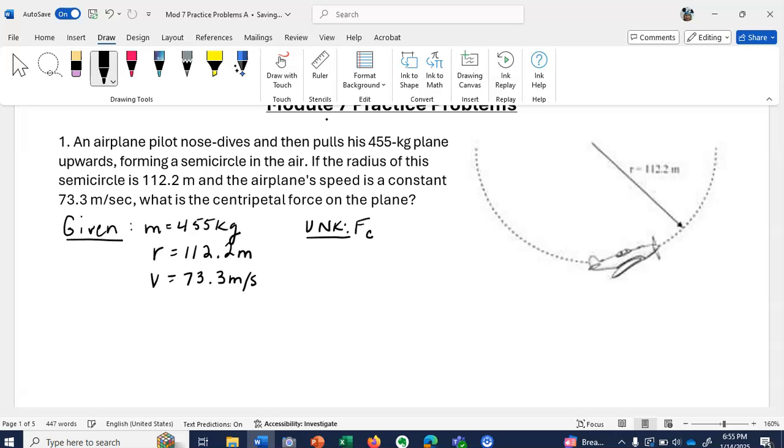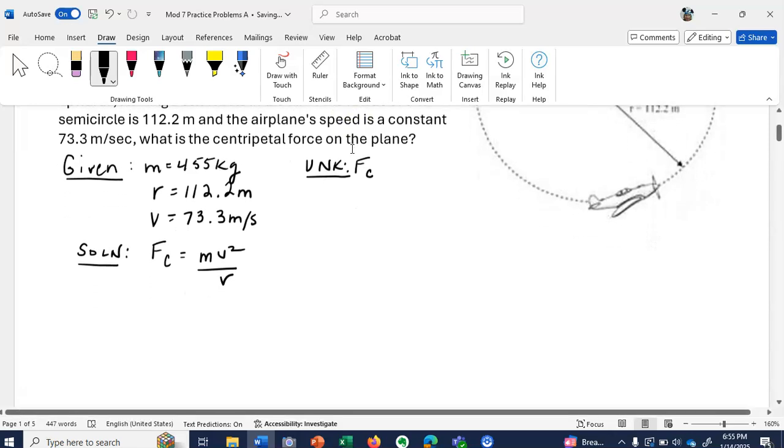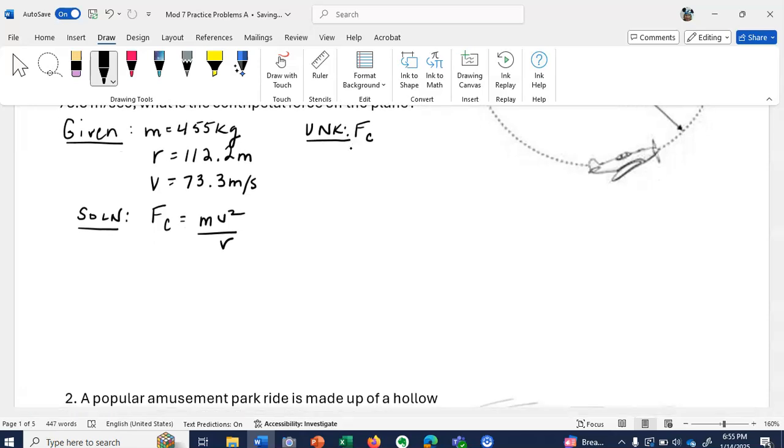If you've done your notes, you'll know that the formula for centripetal force is m times v squared over r. So we're just going to plug in what we've got, times, and I'm going to let you figure that out.